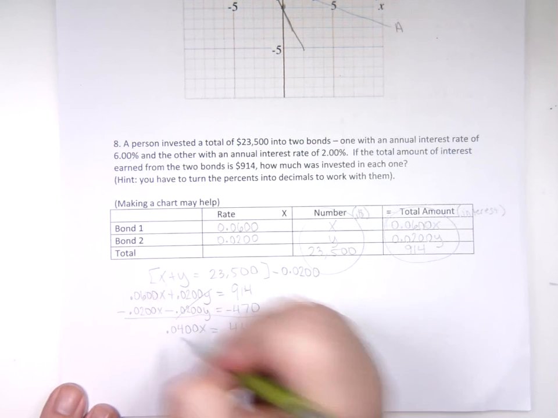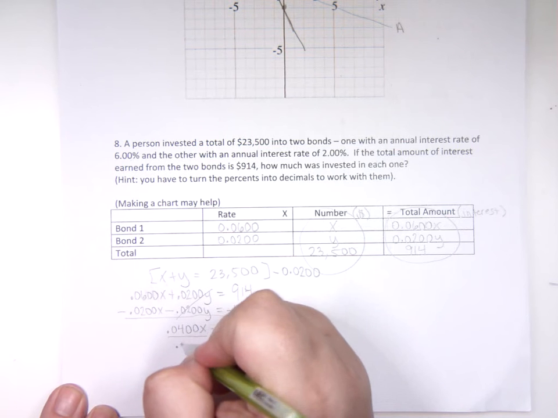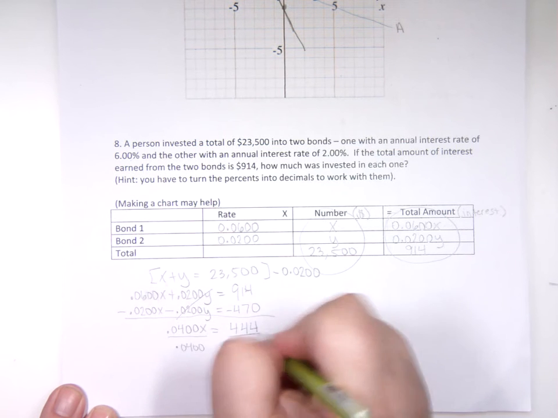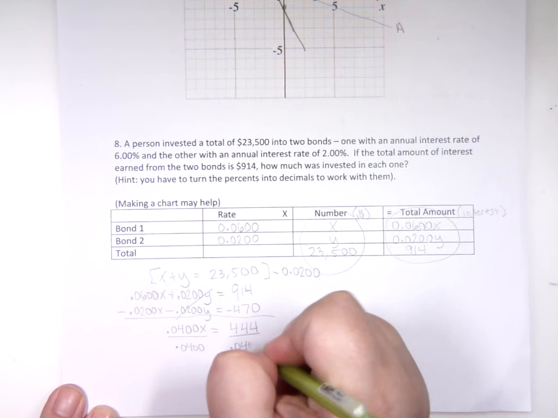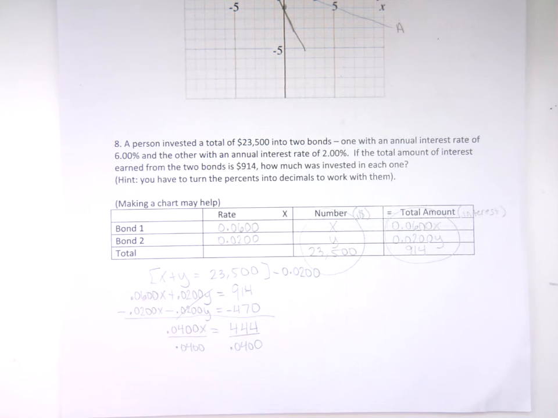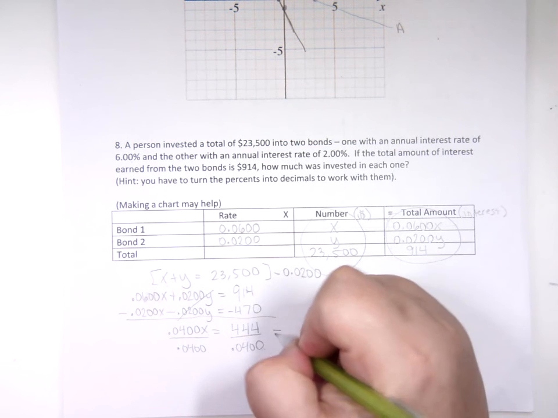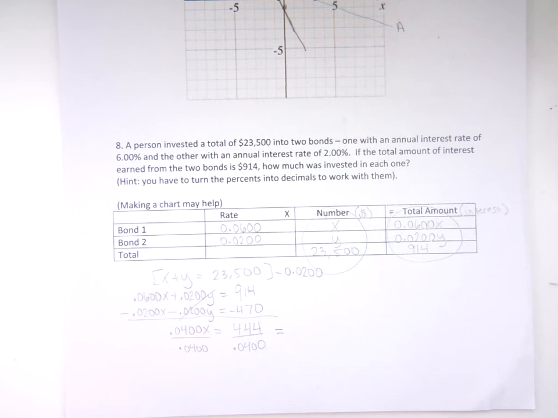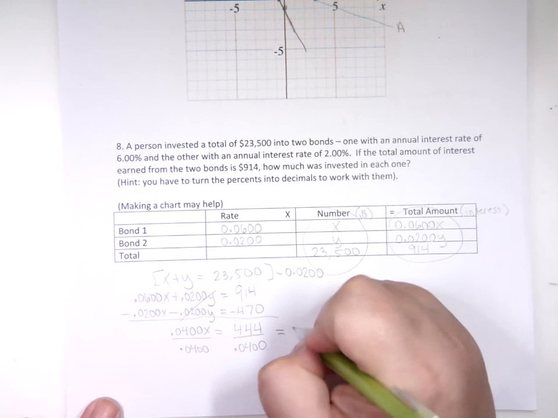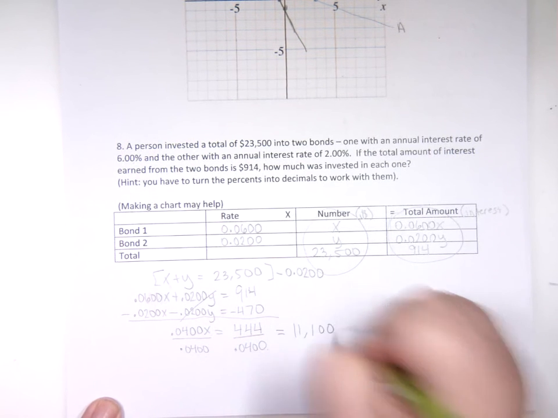We divide both sides by 0.0400, and thinking back to significant digits, this has 3, this has 3, so our answer is going to have 3. So 444 divided by 0.04 is going to give us 11,100, and that's great because that does have 3 significant digits.